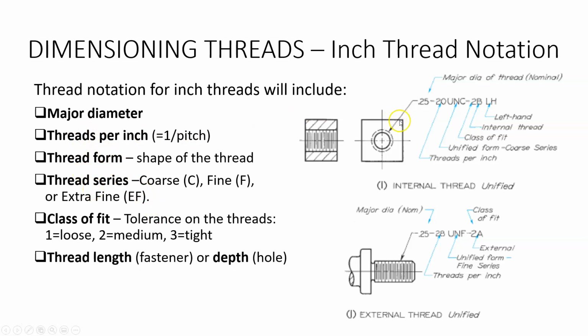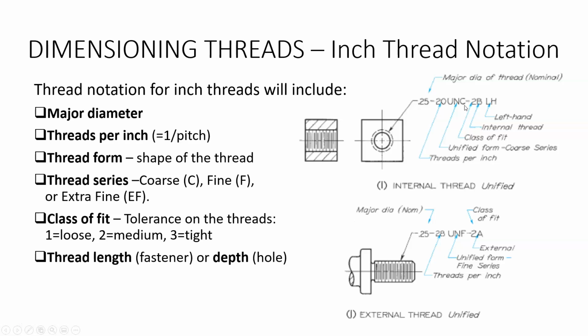So how do you represent all this on a drawing to dimension a threaded hole, a tapped hole? Like this. We're going to use a leader. We're going to point to it, and then give first the major diameter, then a dash, and then the number of threads per inch, and the thread form, in this case UN for Unified National.